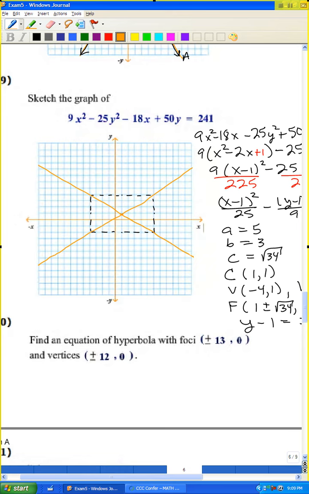That's your center. And the foci, the square root of 34, is right there.